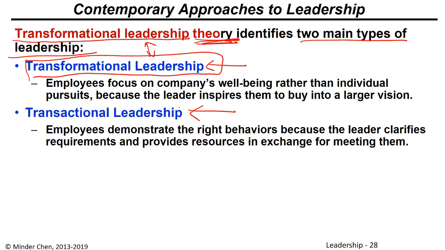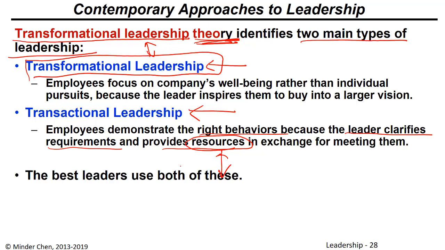Under the transactional leadership style, employees demonstrate the right behavior because the leader clarifies requirements and provides resources or reward in exchange for people meeting the requirement and the performance goal. So if you reach this sales target, then you will be given this much sales bonus. That will be an example of transactional leadership.